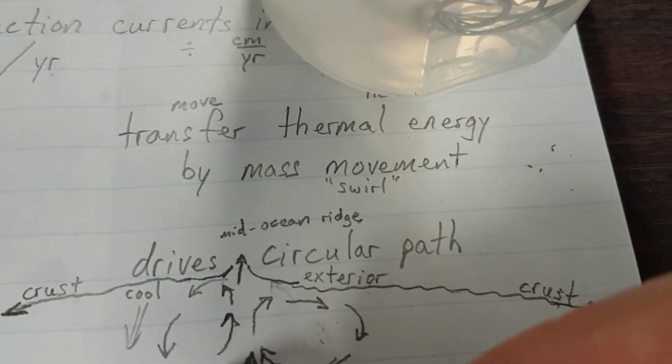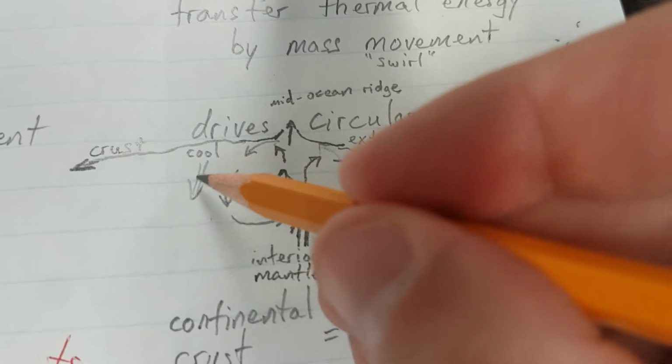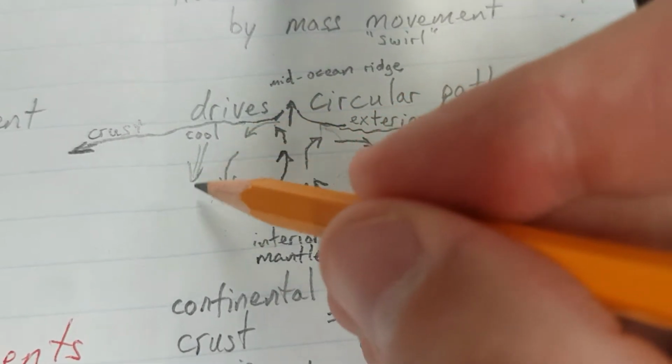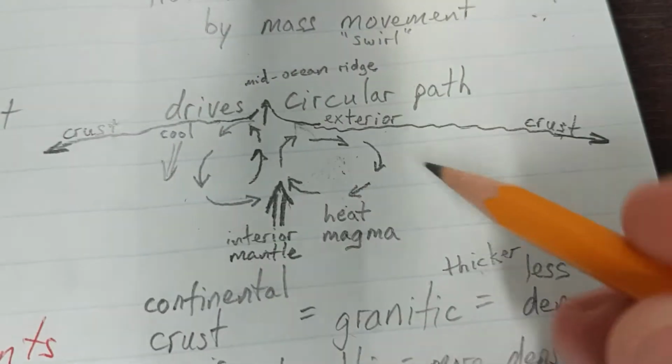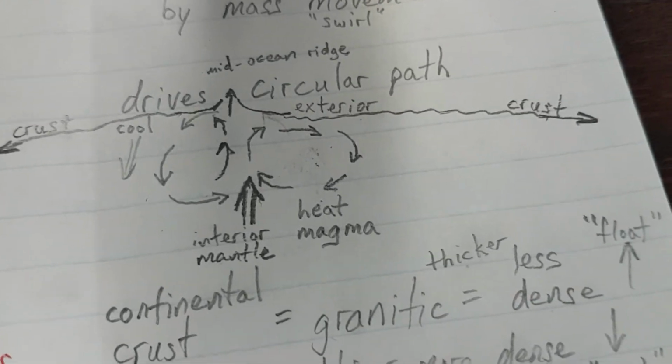And then as the mantle and magma lifts and rises, some of it cools down and stays in here, creates that convection current there to the left, or a convection current to the right. And it drives it in a circular path. Okay, now we fixed our drawing, and that's good.